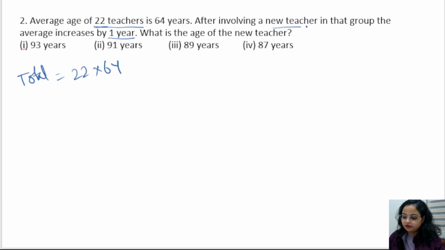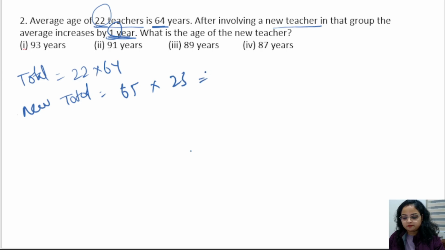If a new teacher is added, the average increases by 1 year. So what is the new total? The average increases by 1 year, so 64 plus 1, 65, is the new average, into how many teachers there are: 22 plus 1, 23.